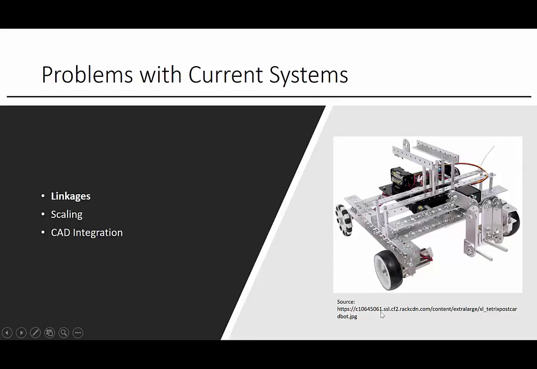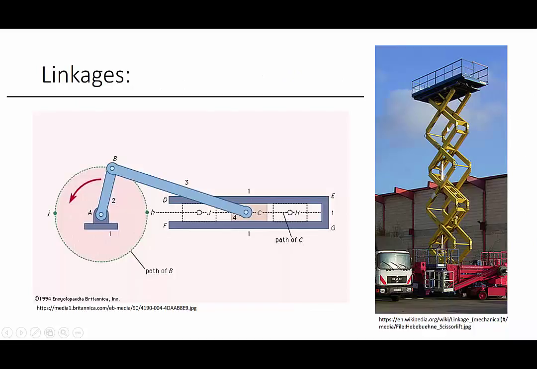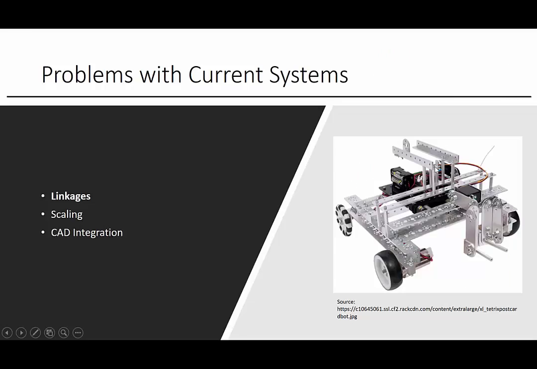If you look at this Tetrix robot right over here, you see that there are these very large metal pieces with very tiny screws connecting them, and there's no good way of adapting those for something like this, where you want a long, thin piece with easily accessible points for rotation. And even these, which are long and thin, don't have good ways of attaching together to make a linkage, and they're heavy.